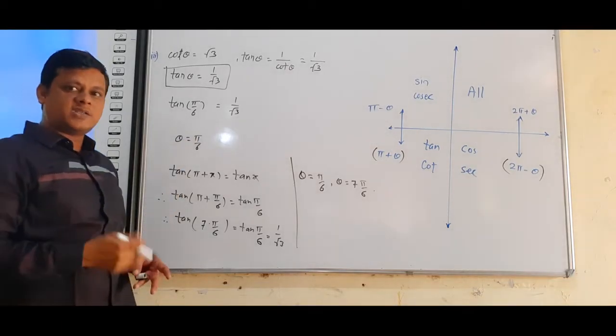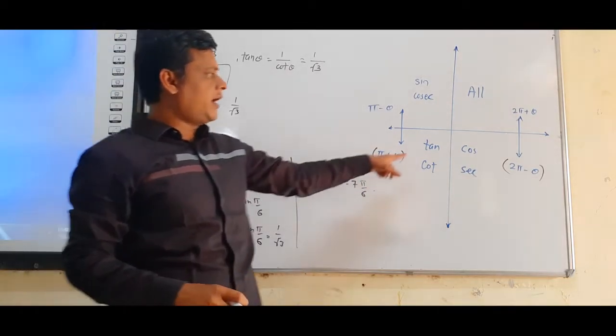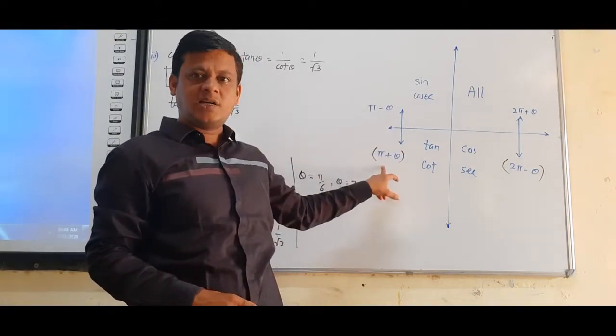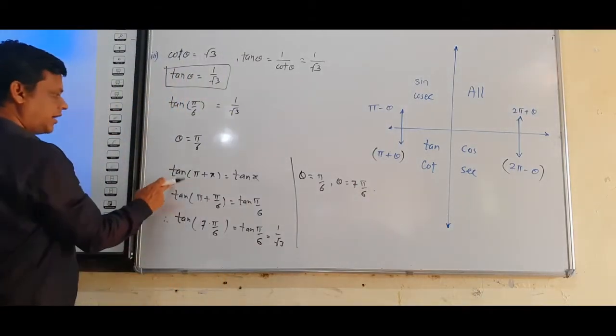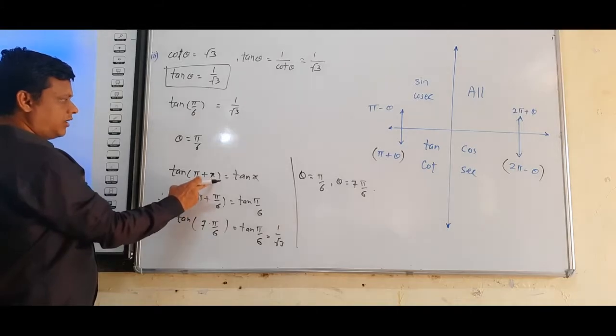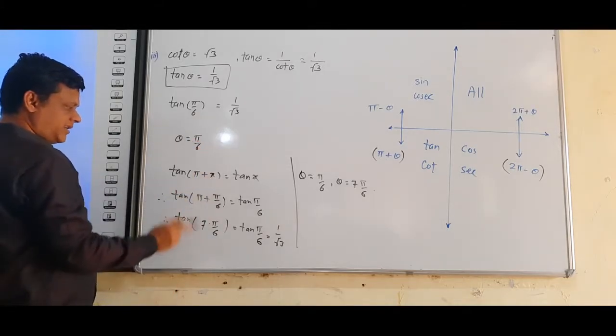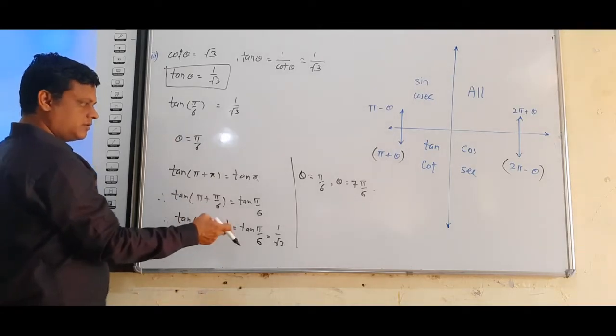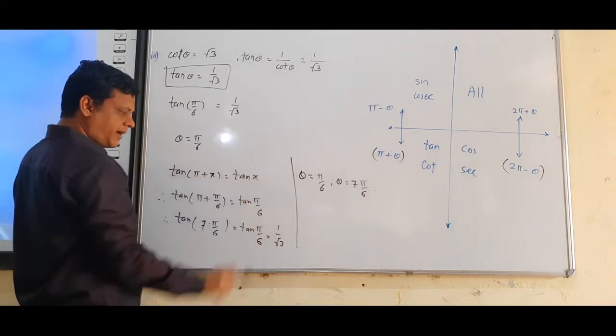Now we have to find the second value. We know that tan is positive in the third quadrant. For the third quadrant we write pi plus theta. So we use here tan of pi plus x is equal to tan x. After replacing the value of x as pi by 6, we get tan of pi plus pi by 6, which is 7 pi by 6. Here also we replace x by pi by 6.